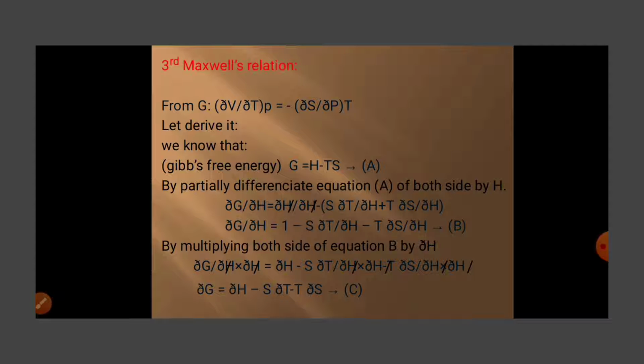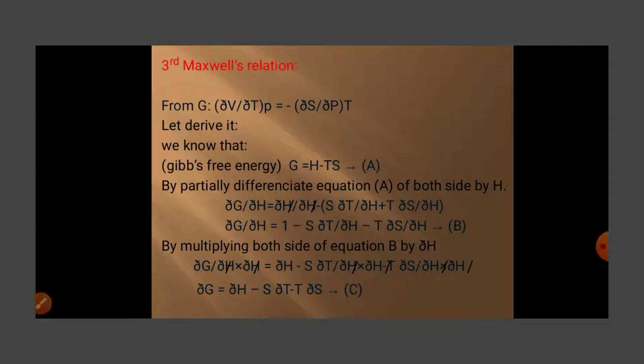If you look at equation A, H is an independent variable, so we can partially differentiate both sides of equation A with respect to H. After partially differentiating with respect to H, our equation A will become ∂G/∂H equals ∂H/∂H minus, applying the same product formula to T into S, S ∂T/∂H plus T ∂S/∂H.